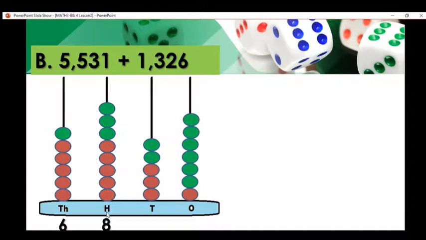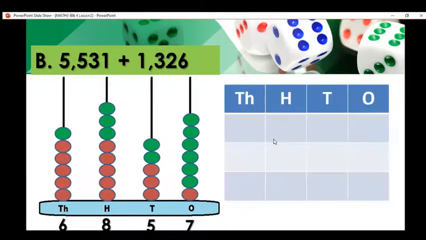So we have 8 hundreds. How about tens? 1, 2, 3, 4, 5. We have 5 tens. And our ones, 1, 2, 3, 4, 5, 6, 7. So we have 7 ones. So we got 6,857. So how about in column method?